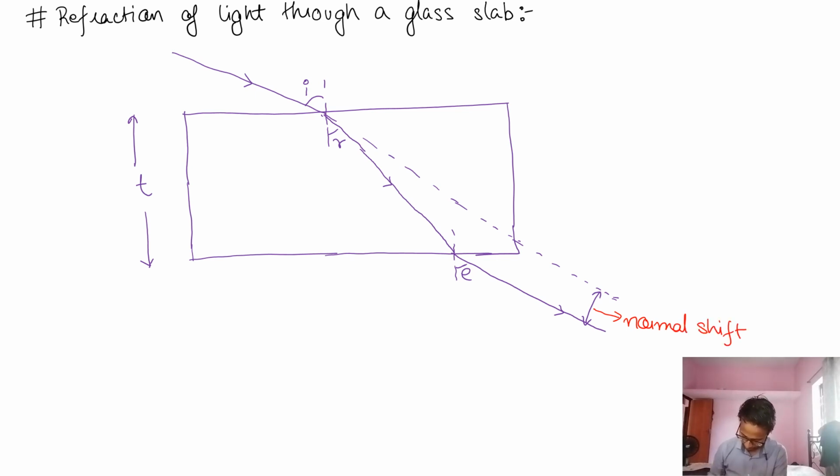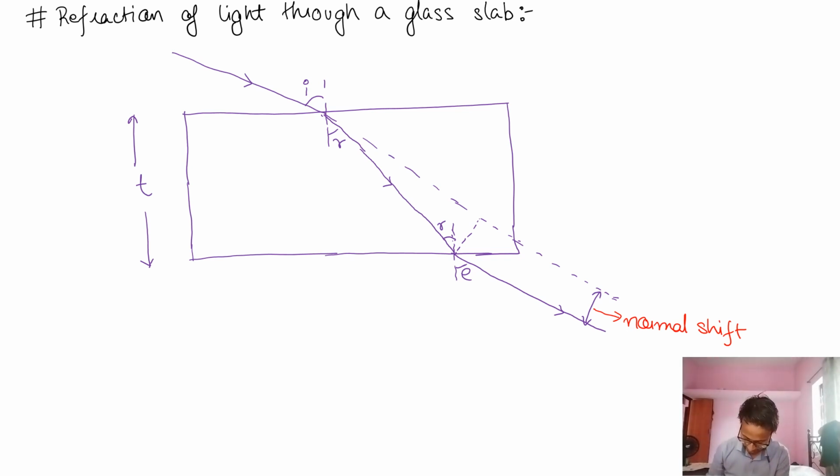Okay, now see out here, if this angle is R, this angle should always be R. Why? This is a straight line and this is a straight line, so this is an intersection, so R is equal to this R by geometry, so this is also R. Okay, now how do I measure this normal shift? Can I draw a line out here? Okay, I can obviously draw a line.